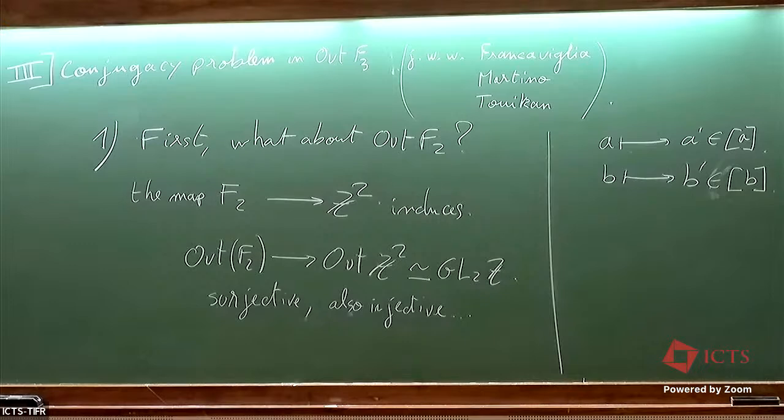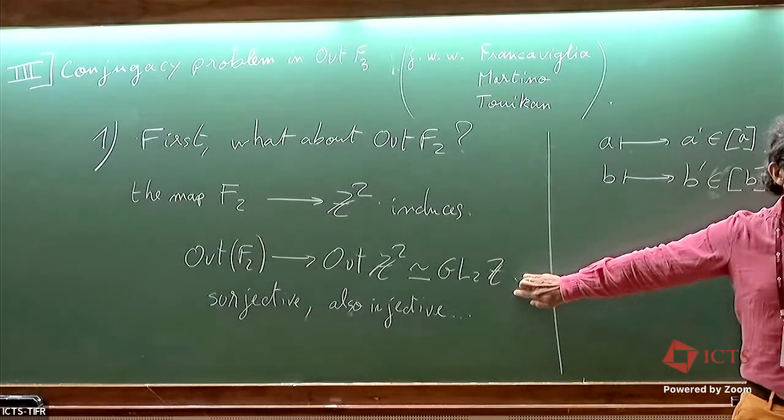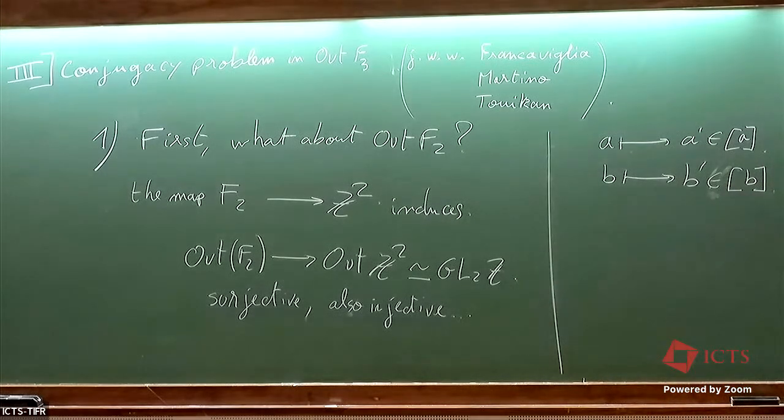No. GL2(Z) is a group of automorphisms of Z². So the automorphism sending A to A inverse and B to B is mapped on a matrix that is not in SL2(Z): (-1, 0; 0, 1).